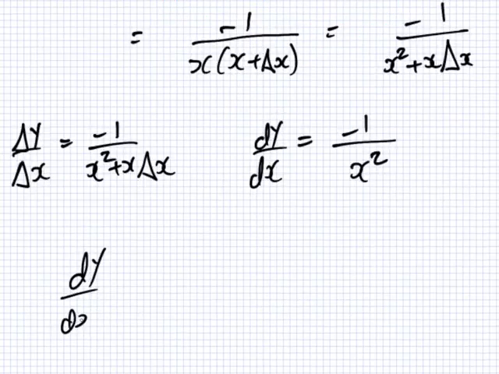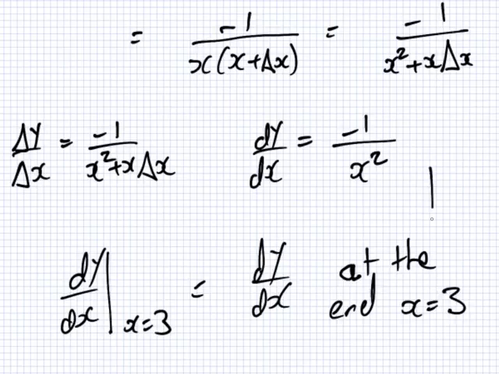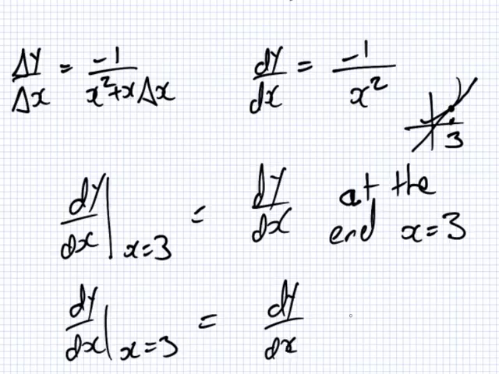If I write this, what that means is dy dx, but then at the end you want it for when x is 3. So when you get the answer, you make x 3 to get the answer for the slope, the gradient. So the way I see it, Malik, is I think of this as the same as this. You get what I'm saying? Yeah? Okay. Alright, try these for a few minutes.